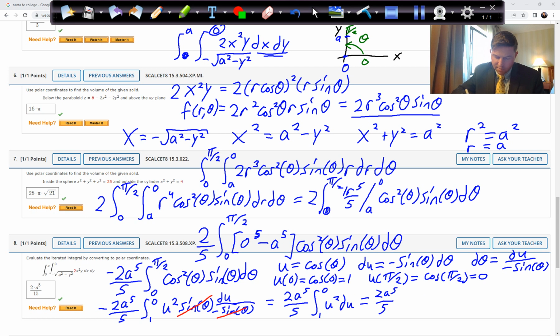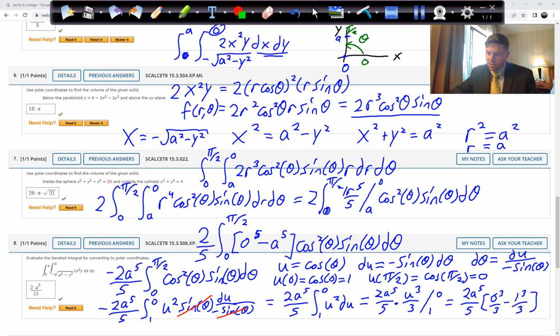which is 2a to the 5th over 5. Antiderivative of u squared is u cubed over 3 from 1 to 0. So we're going to get 2a to the 5th over 5 times 0 cubed over 3 minus 1 cubed over 3, which is just 1. 0 minus 1, which is minus 1, times 2a to the 5th.